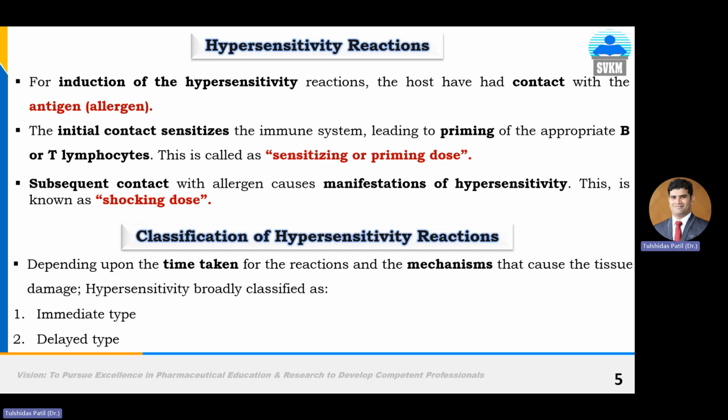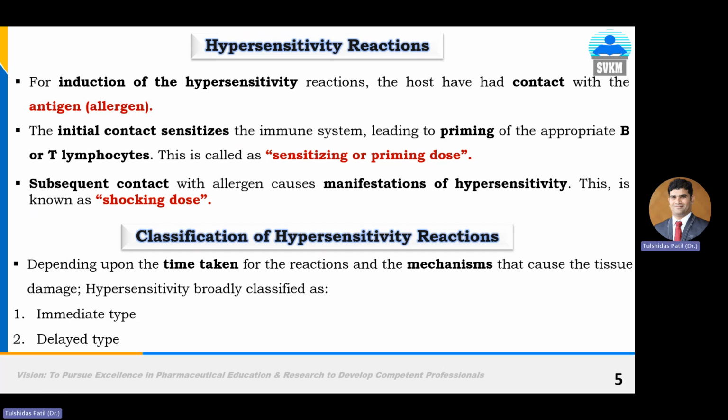This antigen dose, which is responsible for sensitization, is referred to as the sensitizing or priming dose. Upon subsequent contact with the same allergen or antigen, it causes the manifestations of the hypersensitivity reaction. This dose of antigen or allergen is referred to as the shocking dose.